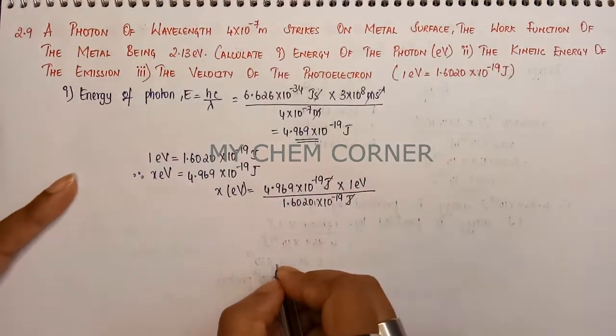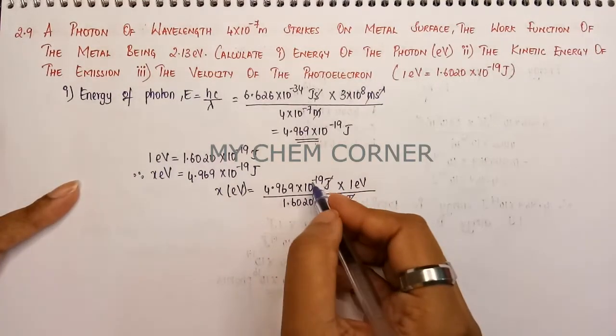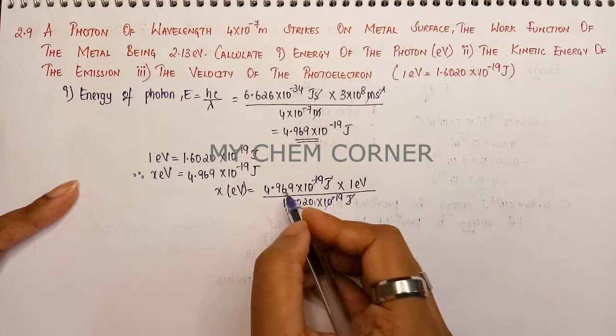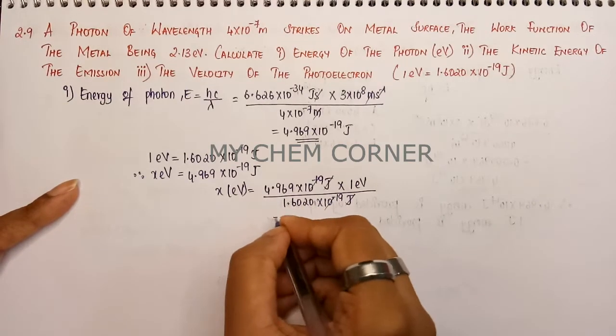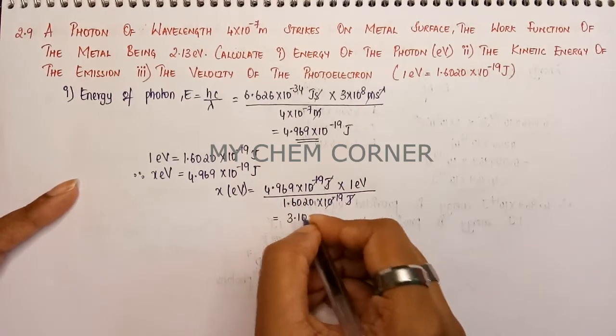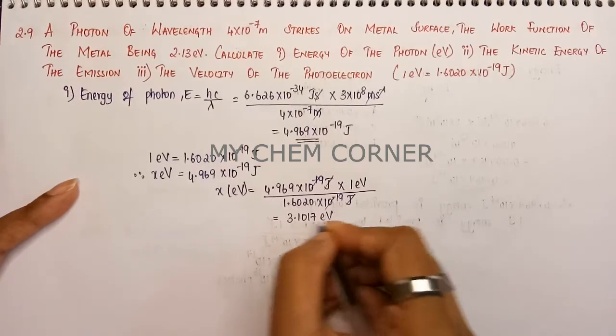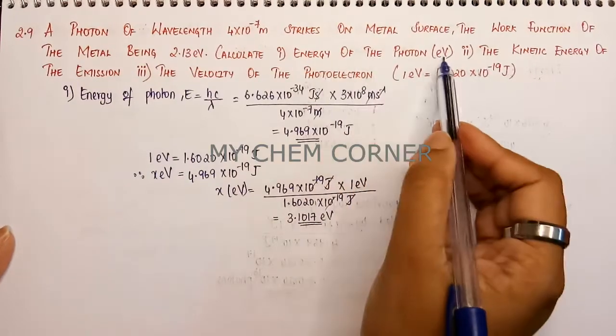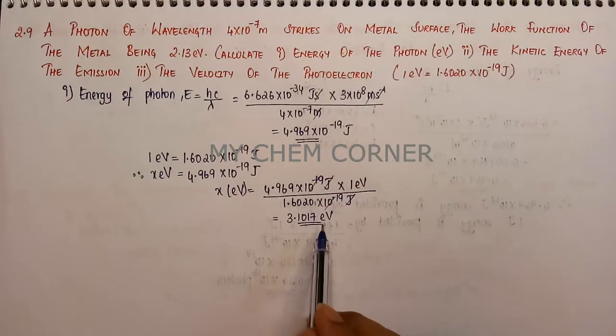Joule and joule will get cancelled. Here 10^-19 and 10^-19 will get cancelled. 4.969 divided by this will give 3.1017 electron volt. So that answers the first question, which says energy of the photon in terms of electron volt.